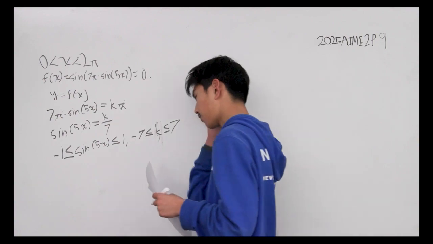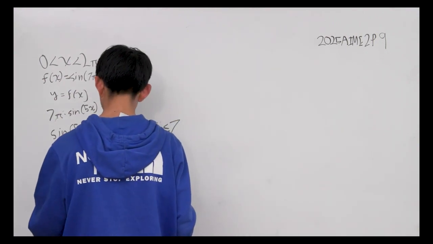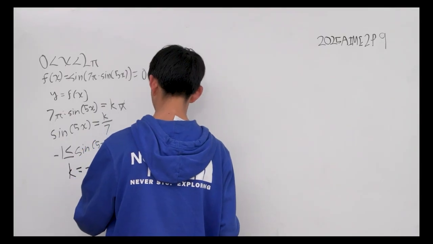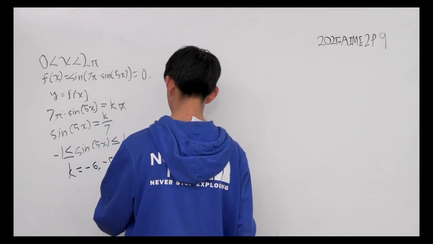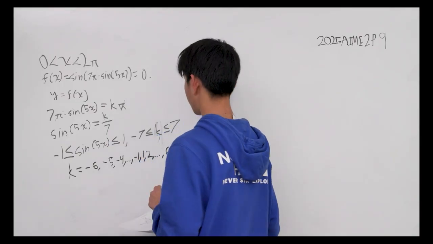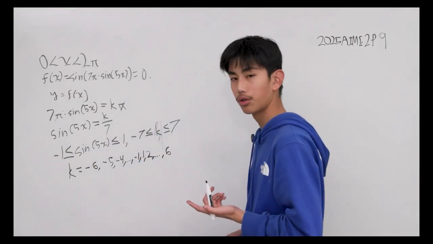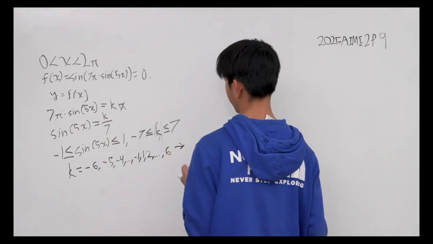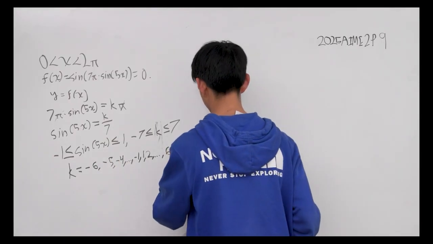So we have values k is negative 6, negative 5, negative 4, dot dot dot, negative 1, 1, 2, to 6. These each have 10 solutions each. And since there's 12 numbers here, 10 times 12 is 120.